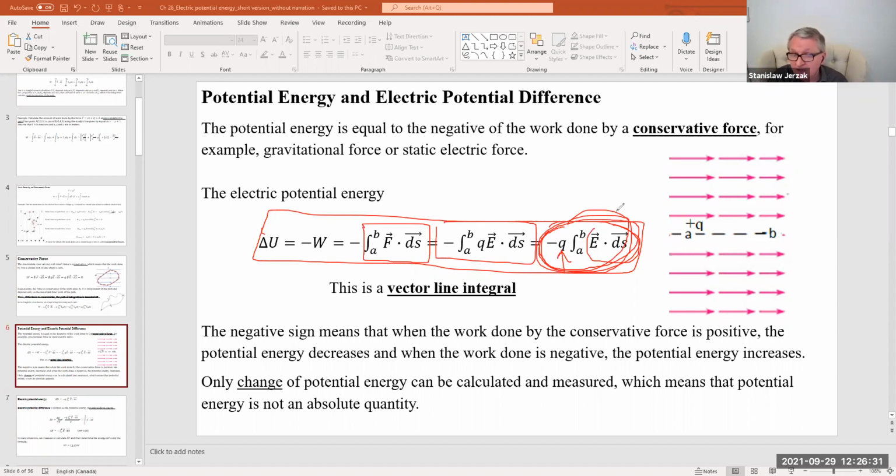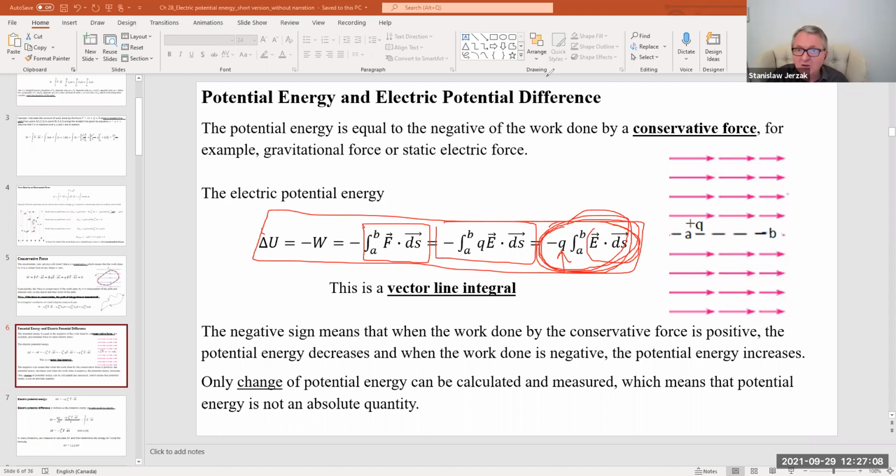That amount of potential energy change will be independent of the path you take from A to B, because the electric force is conservative. So we will always take the charge from point A to B along the simplest possible path, as you will see on future slides. But that is how you calculate the change of electric potential energy in general.